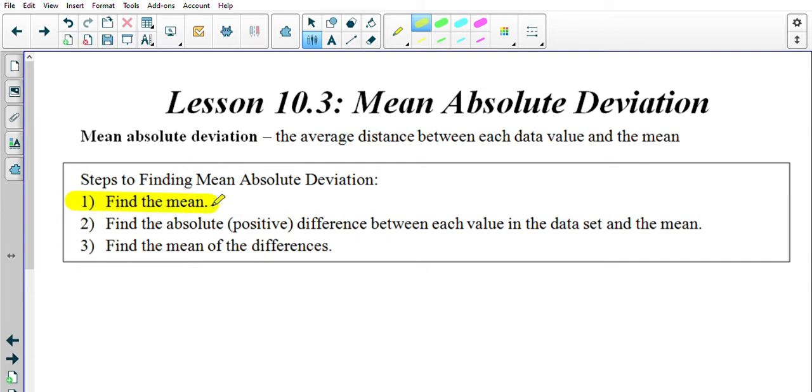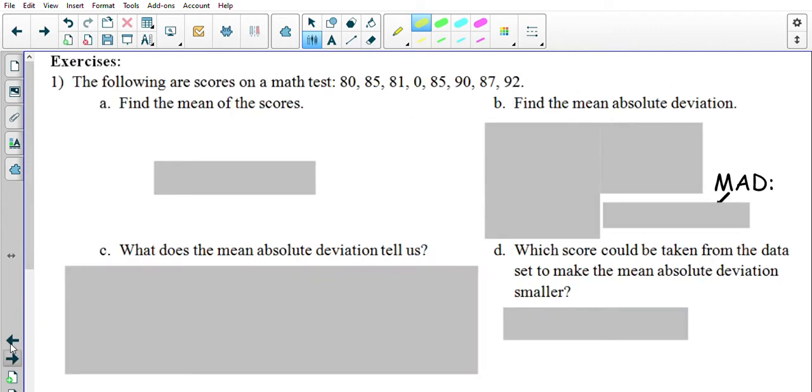So you're going to find the difference between each number in your set and the mean. And then the last thing you're going to do is you're going to find the mean of the differences. You're going to find the mean again, but this time of the differences, how much each number deviates from your mean. So let's go ahead and take a look at 3 examples of working with mean absolute deviation.